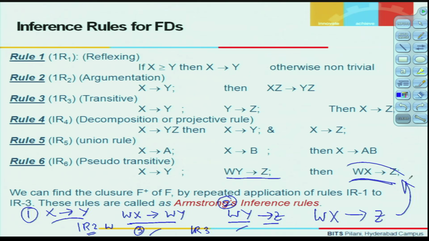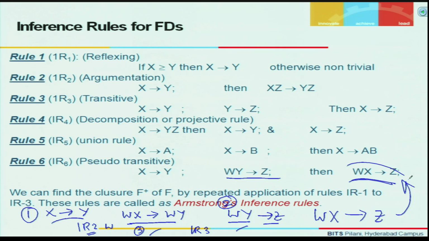So any other inference rule can be derived using the first three inference rules, that is IR1, IR2 and IR3, reflexive, augmentation and transitive rules. These three are called Armstrong inference rules.